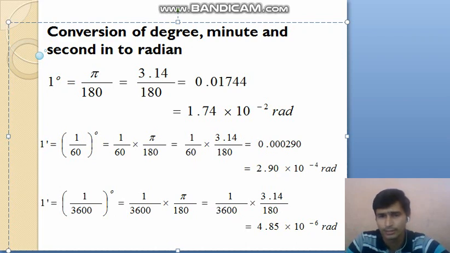You get the answer: 1 second is equal to 4.85 into 10 raised to minus 6 radian. So you must remember these values: 1 degree is equal to 1.74 into 10 raised to minus 2 radian, and likewise for 1 minute and 1 second. I hope you understand about angle and how the angle is measured in different units.